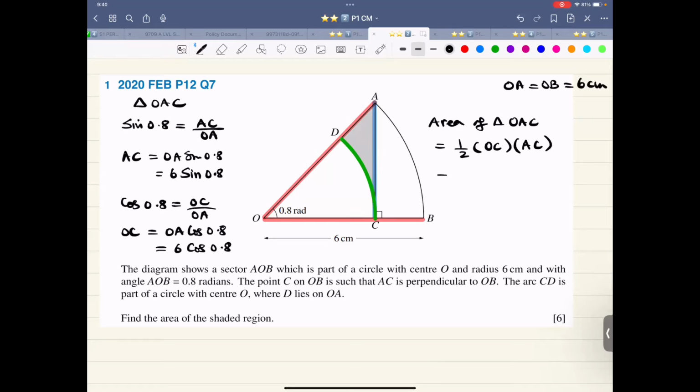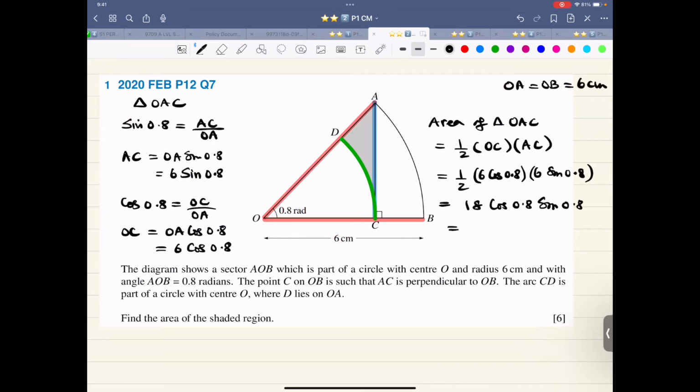All good? That is half into OC into AC. OC is 6 cosine 0.8, this is 6 sine 0.8, and 36 over 2 is 18, cosine 0.8 sine 0.8. Now I can use the calculator to preserve the accuracy.